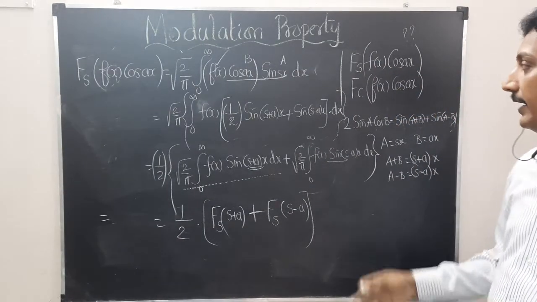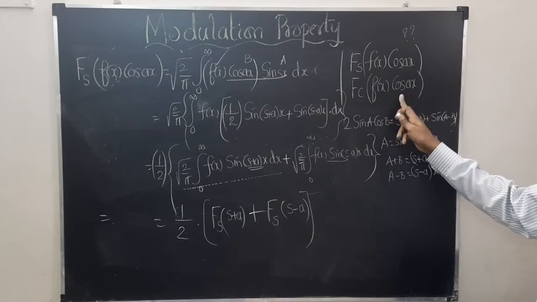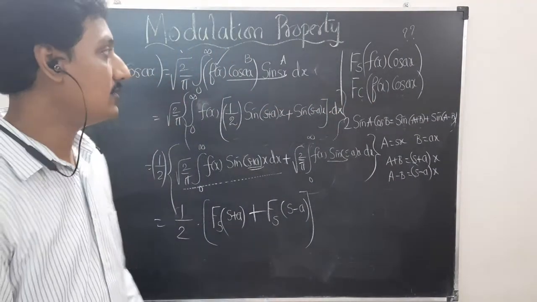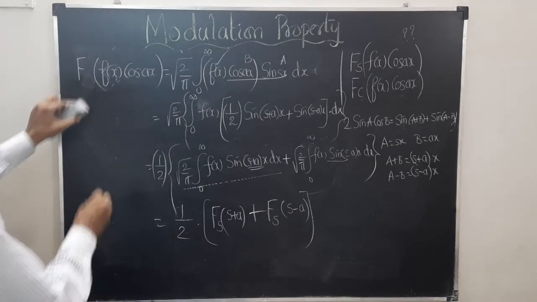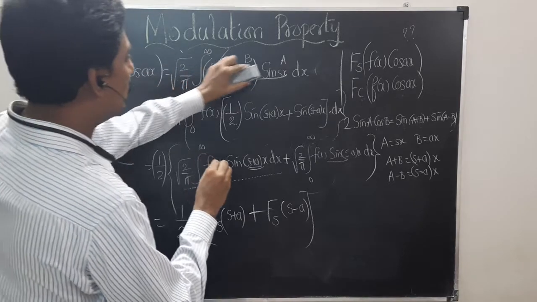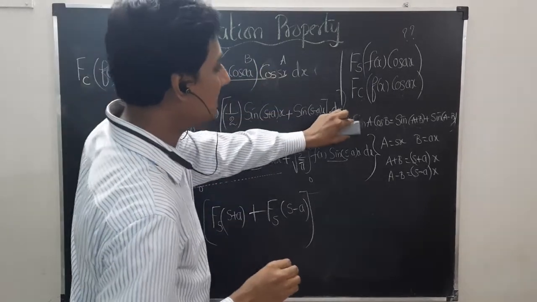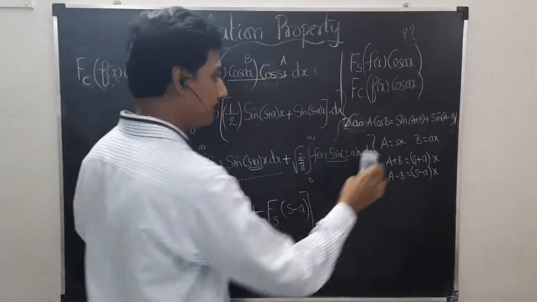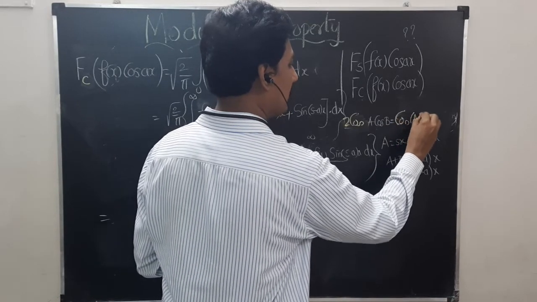In a similar way, we get the Fourier cosine transform of f of x into cos ax. So for the cosine transform, this becomes cos ax times cos sx, so this becomes cos a cos b. What's the cos a cos b formula? You remember the cos a cos b formula? 2 cos a cos b is equal to cos a plus b plus cos a minus b.